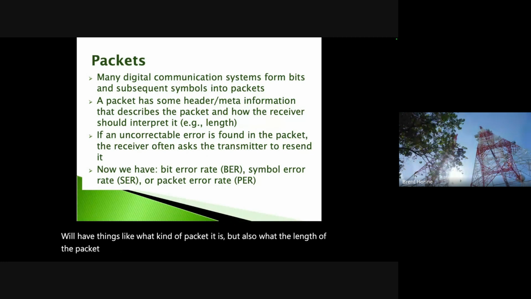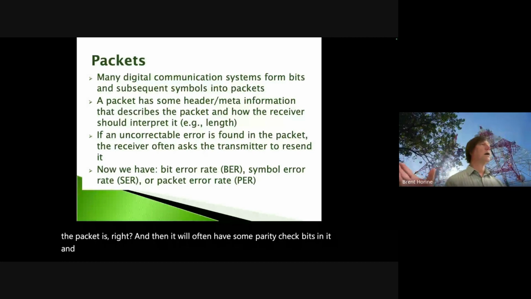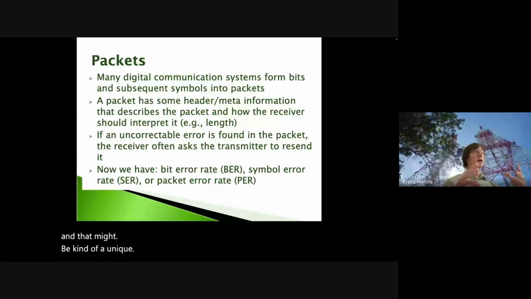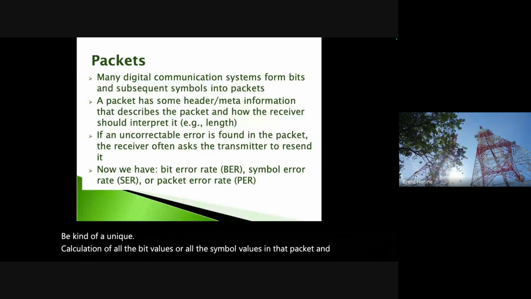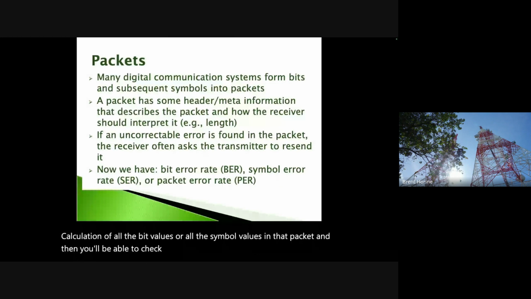Then it will often have some parity check bits in it, and that might be a unique calculation of all the bit values or all the symbol values in that packet, and then you'll be able to check it to see, hey, was there an error in this packet or not?